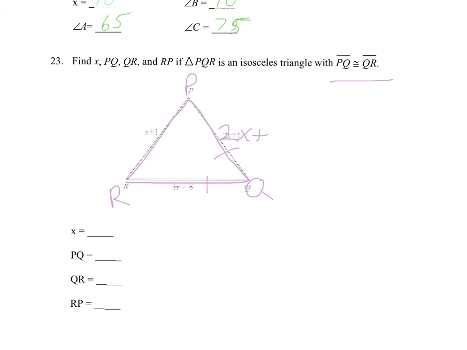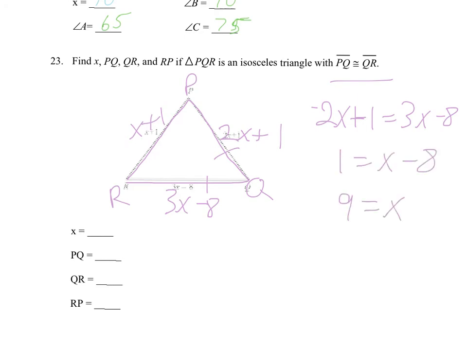This one is 3x minus 8. Those two segments are congruent, so we can set them equal to each other. 2x plus 1 equals 3x minus 8. Subtract 2x from both sides, add 8 to both sides, and x equals 9.